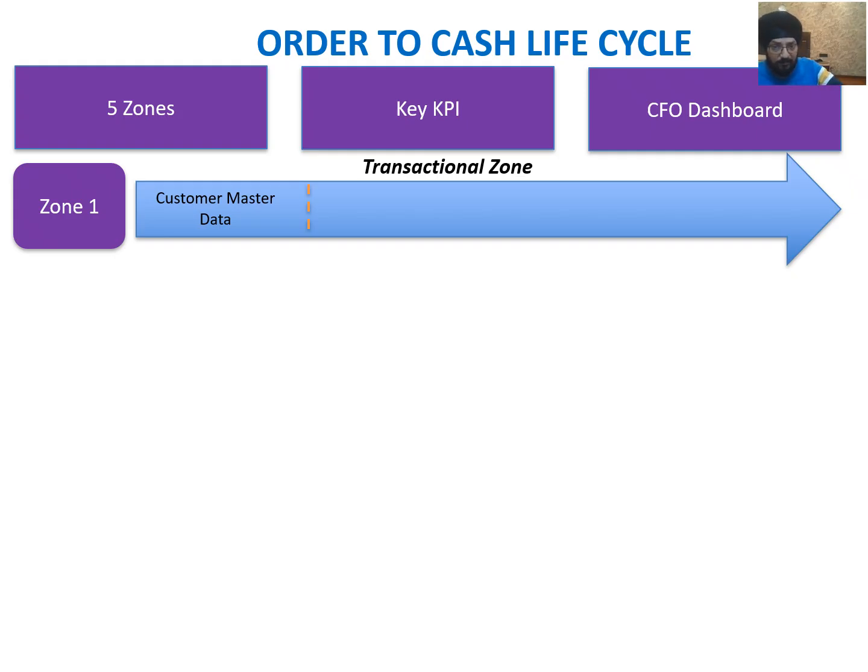Another process covered here is credit check. This is again transactional, because we are not doing any business here as such. We are just consuming information to validate whether the customer we have created in the system is creditworthy or not.